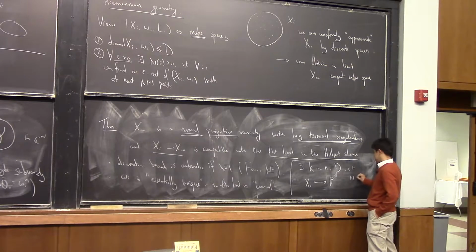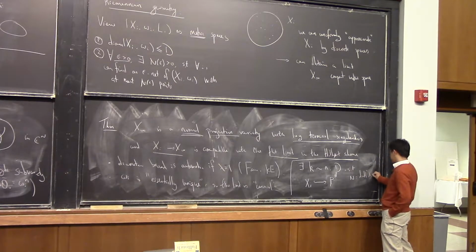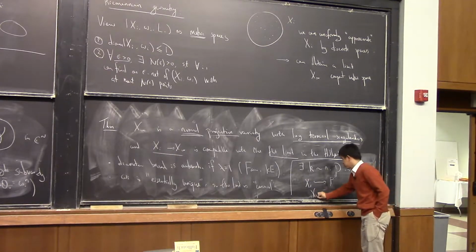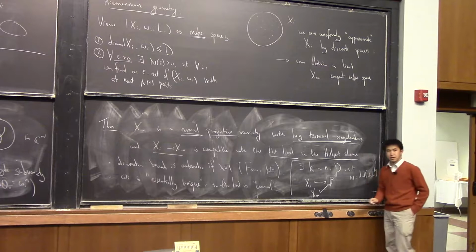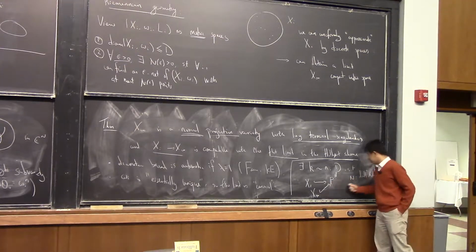So N is the dimension of H^0(X_i, L_i^k). And X infinity also embeds. So the Hilbert polynomials of X_i and X infinity are the same.